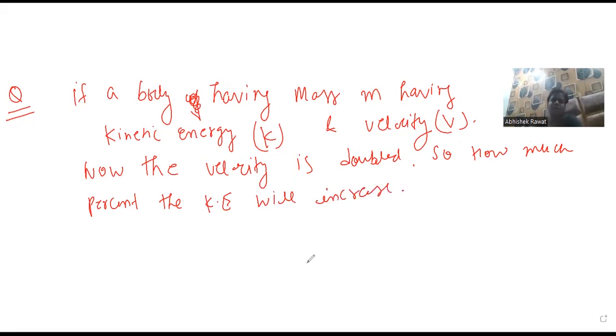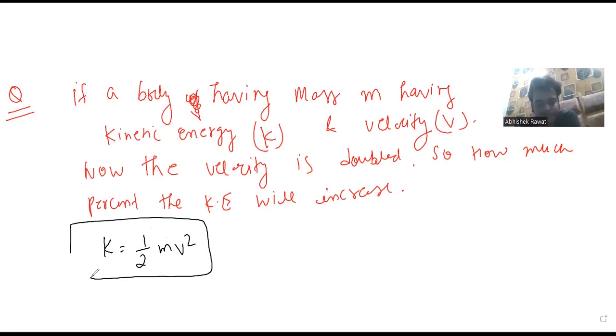This is based on the kinetic energy concept. So in this question you should know the formula. Basically the formula is kinetic energy is half mv square. Now it's saying that if velocity is doubled, that means if earlier the velocity was v, now v dash is the new velocity.